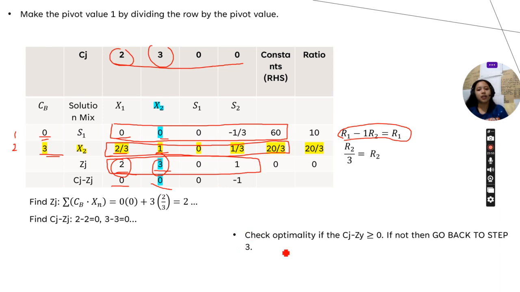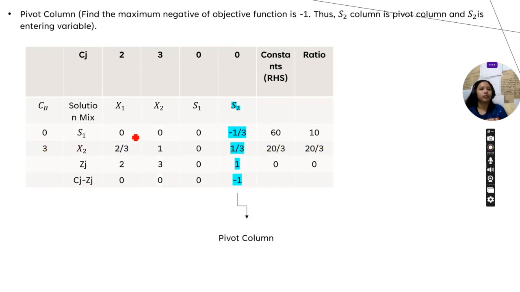So the next step is check optimality of the Cj minus Zj if it is greater than or equal to 0. And if not, then go back to step 3. Since the value of our Cj minus Zj here is negative 1, which is less than 0, we should go back to step 3 here.